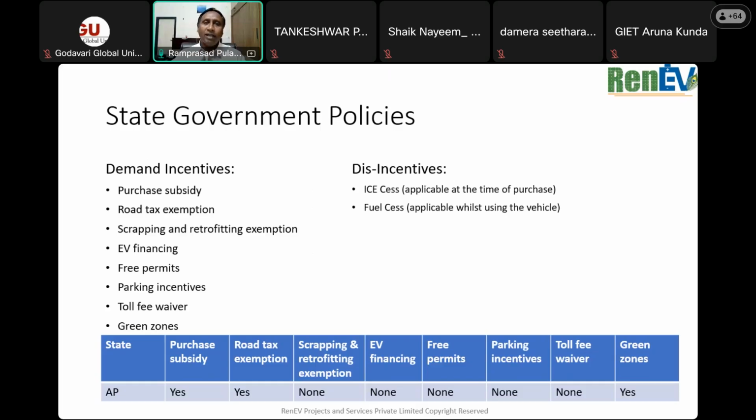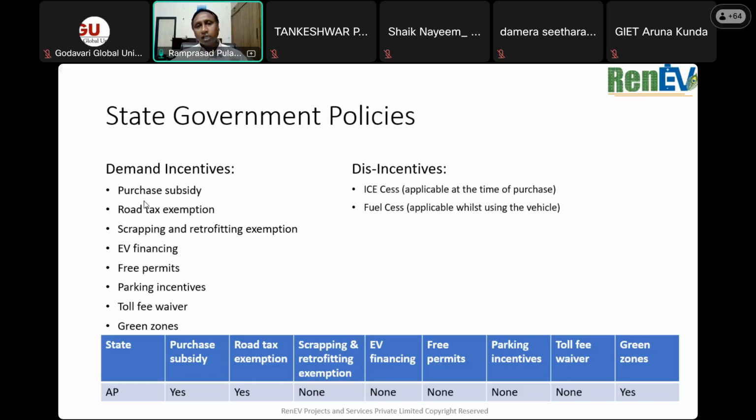Similarly, demand incentives are provided to the consumers so that they switch to a particular choice, which is shown by the different governments. What are disincentives? These are the inhibitors which are placed so that the consumption or adoption of a particular thing reduces. So the first demand incentive is purchase subsidy.